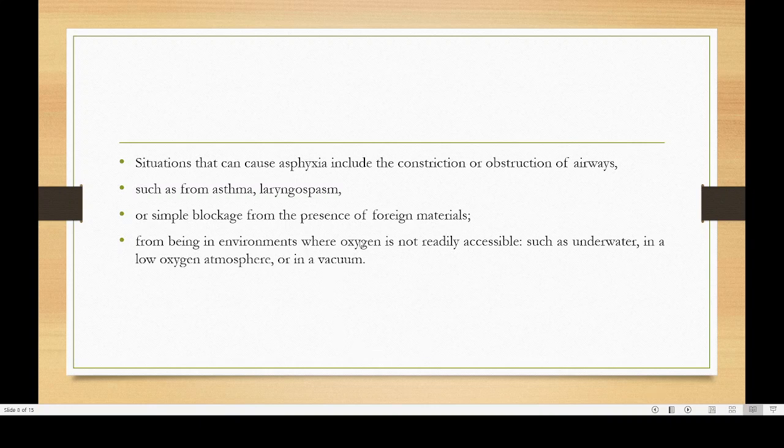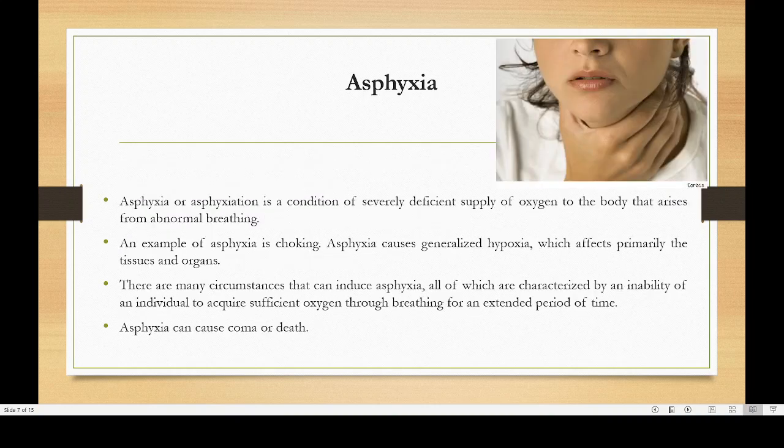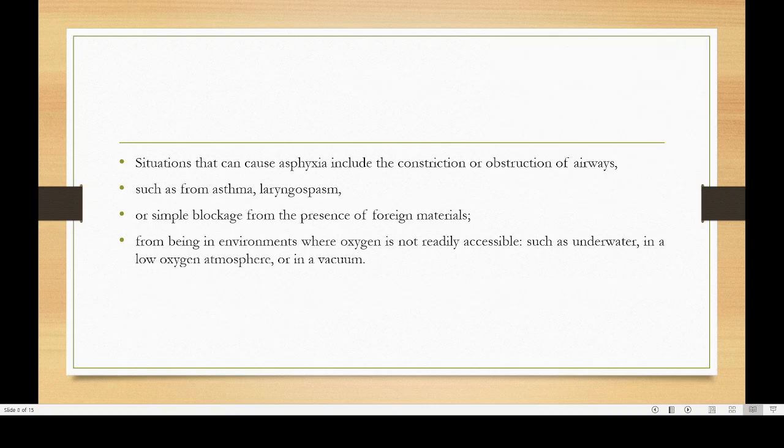Then being in an environment where oxygen is not readily available, for example under the water, which is what happens when you are drowning, you may not be able to breathe. Or you are in a chamber where there is no oxygen, or in a vacuum chamber. In all these situations, your body may not get enough oxygen, resulting in an extreme deficiency of oxygen, and that situation is known as asphyxia. Basically it is an extreme form of hypoxia.